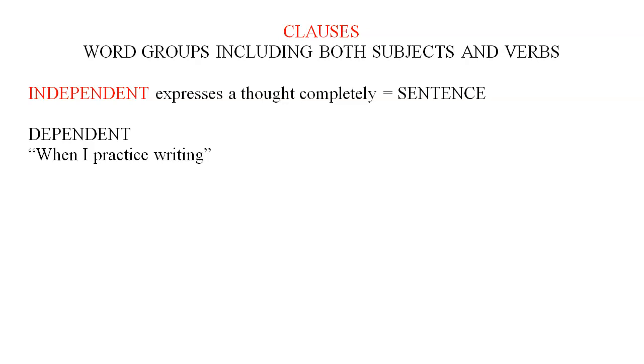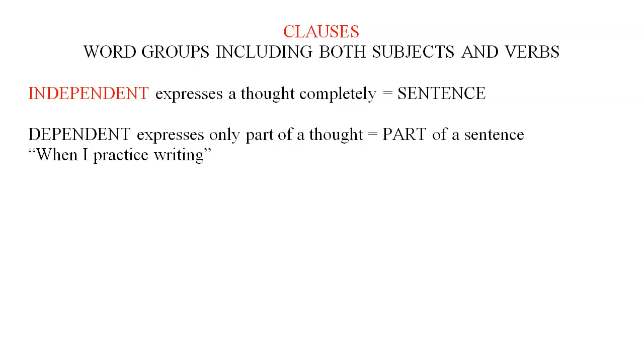In saying that to you, I've used a dependent clause which expresses only part of a thought. And in that way, it works as part of a sentence. I would need an independent clause to finish this thought and give you the information you need about what happens when I practice writing.